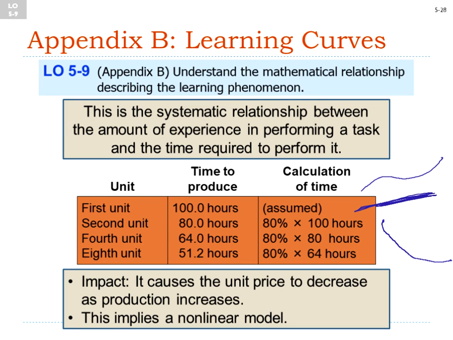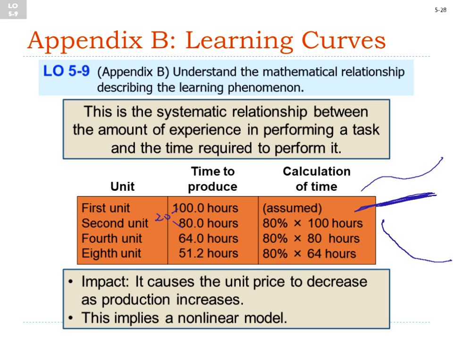say the first 8 units, but then when it gets to a certain point, it's going to start tapering off, and the improvements, there are still going to be improvements, but they're not going to be as drastic as the first few. So here, from the first to second unit, we dropped 20, right? 100 to 80 is 20.